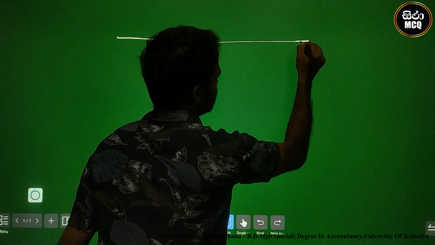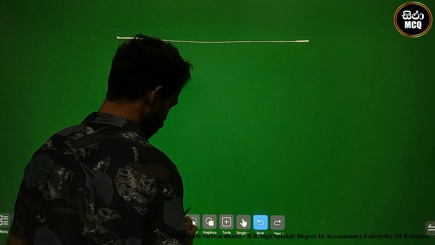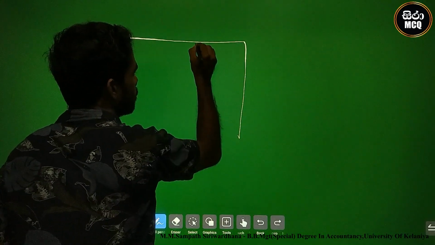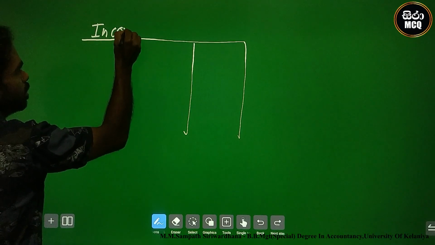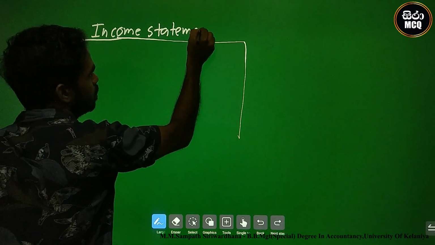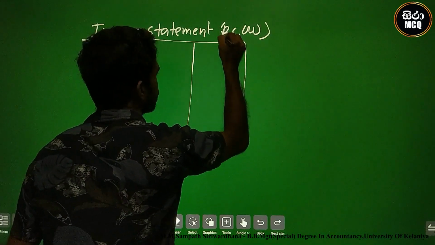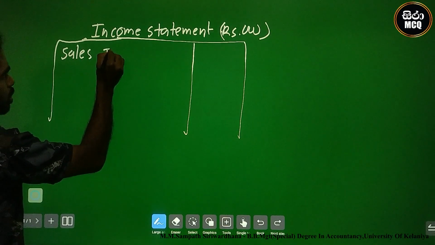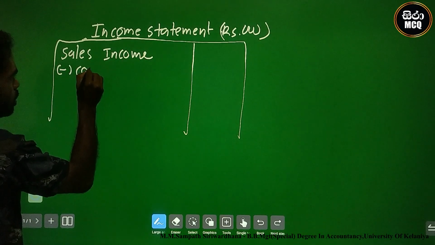Look here. This is the simple income statement. Sales income, minus cost of sales.